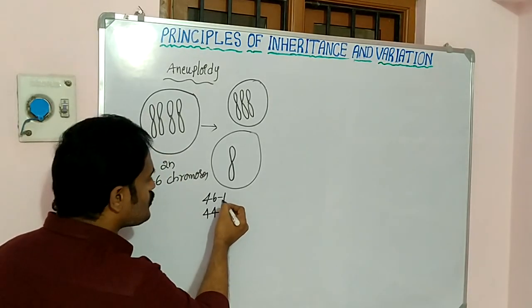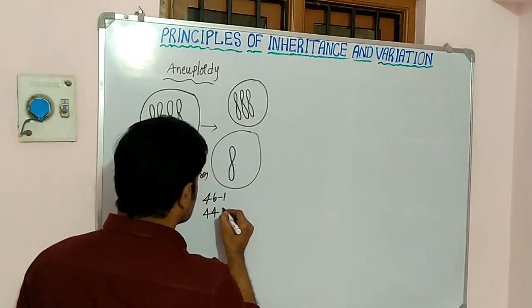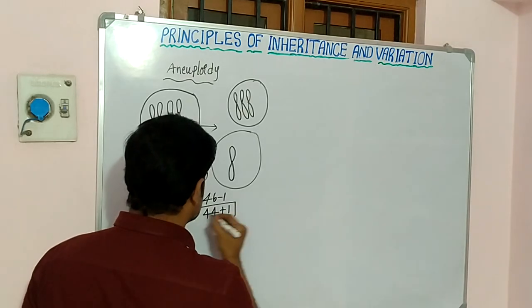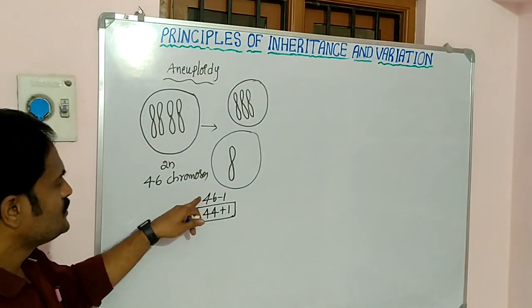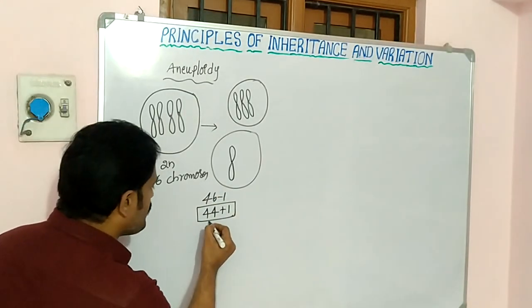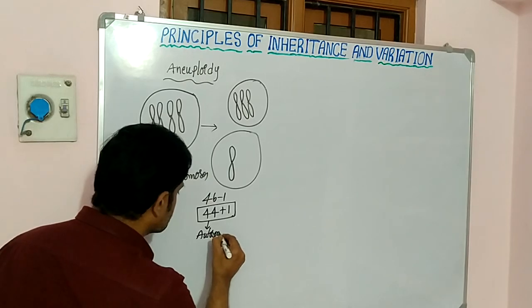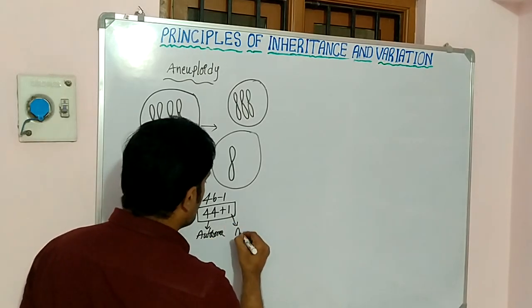Because one chromosome is lost in the cell. So 44 plus 1. This condition of cells will form here. Due to the loss of one chromosome, there are 44 autosomes and only one allosome.